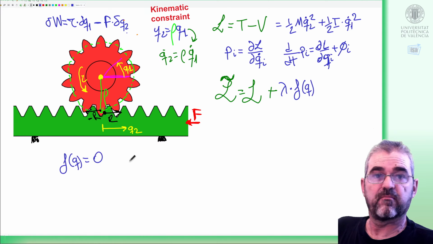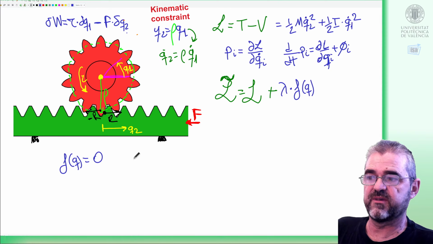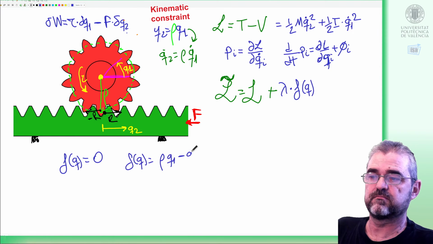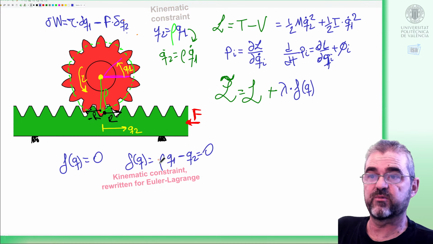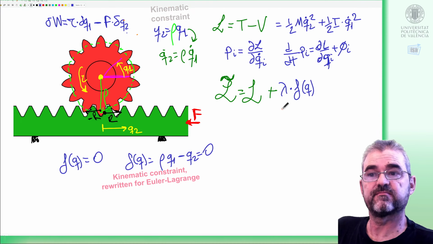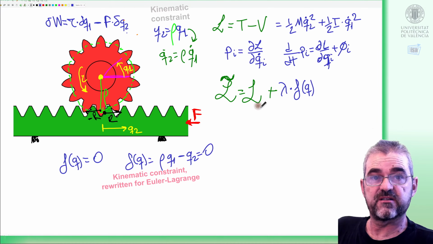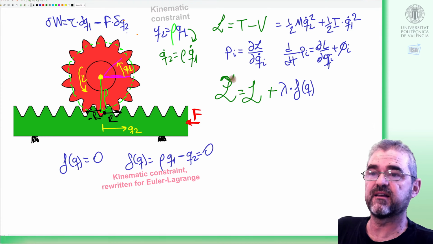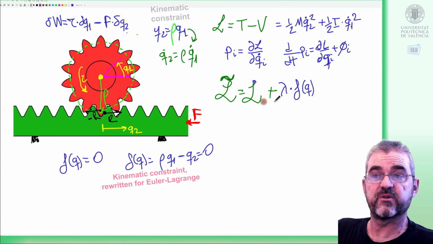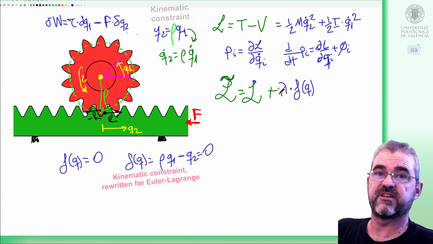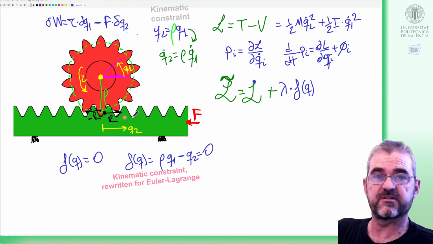In our case, my constraint will be rho q1 minus q2 equals 0. Incorporating this into the Lagrangian and doing the Euler-Lagrange equations with this tilde L, I will obtain the constrained movement equations, and lambda will be another way of saying that there are reaction forces, as we will discuss later on.